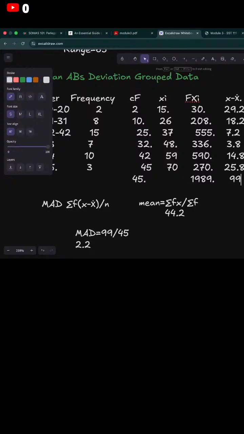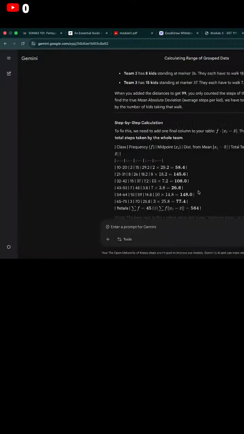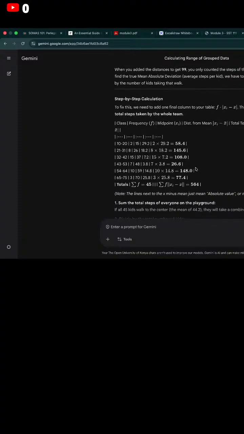Then we do our calculation, but confirm with Gemini. So we should get this. So let's try.